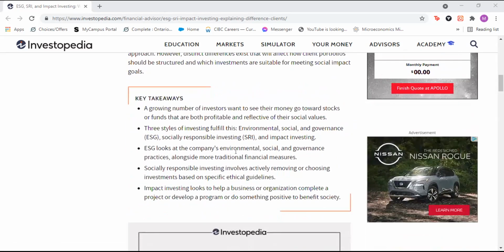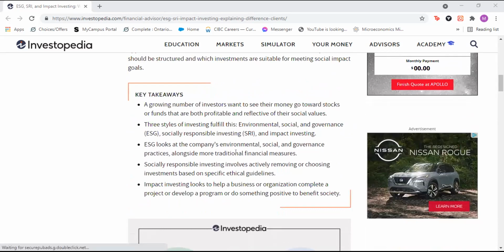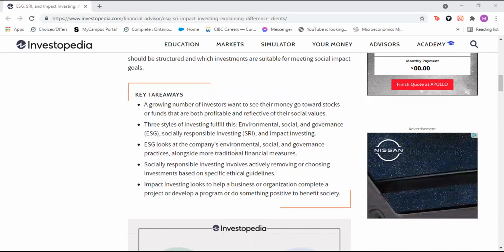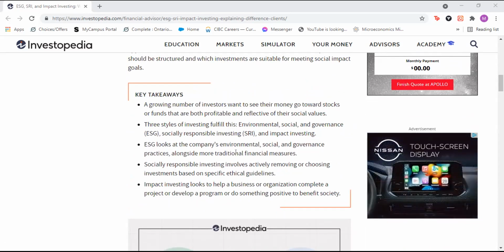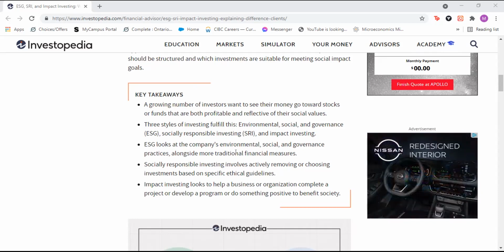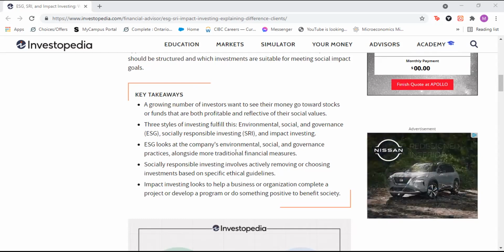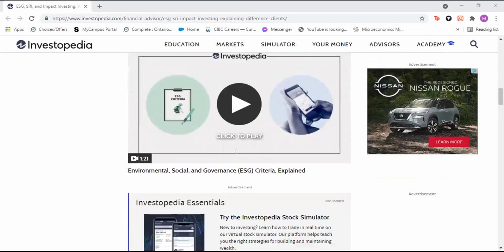So investors want to put their money towards stocks and funds that have social value similar to them. And environmental, social, and governance, socially responsible investing, and impact investing all do this. Socially responsible investing removes or chooses investments based on ethical guidelines, and impact investing looks at how to help a business organization complete a project.